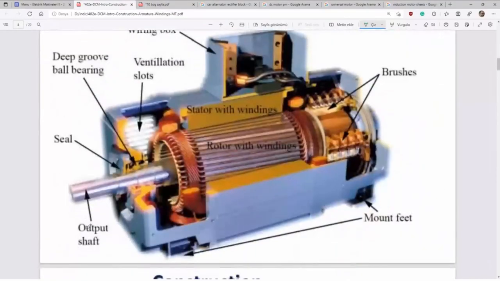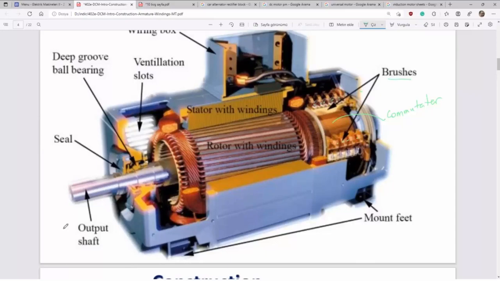Another cross section. You see brushes. Here are a group of brushes touching to the commutator. That is commutator. Commutator, we will talk later. And here are brushes touching.